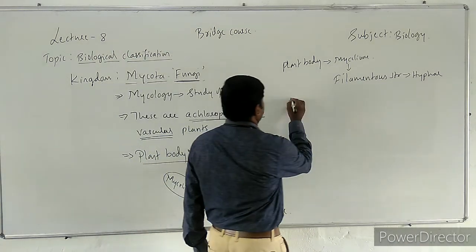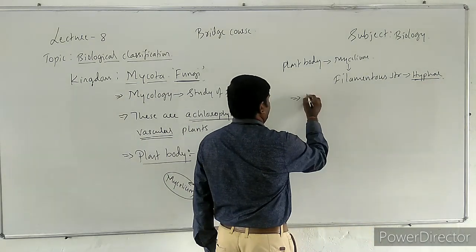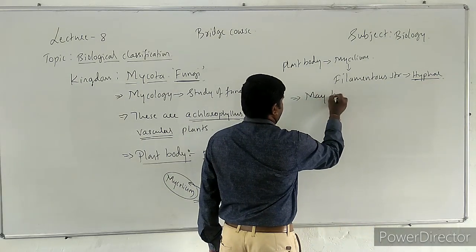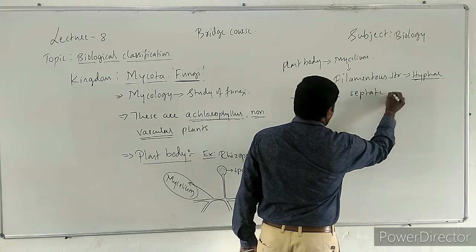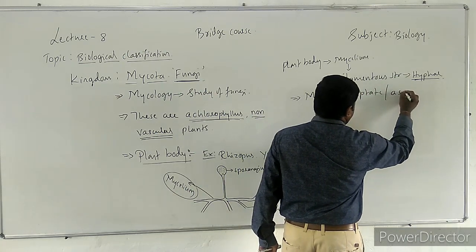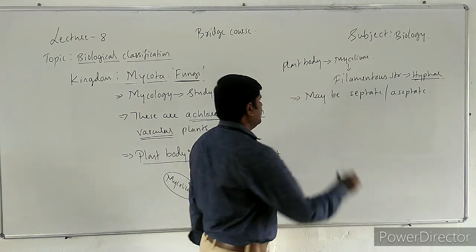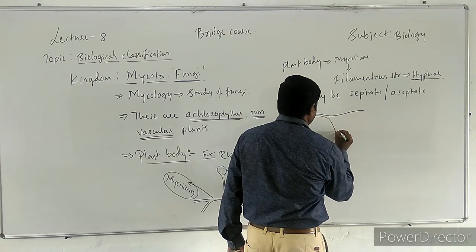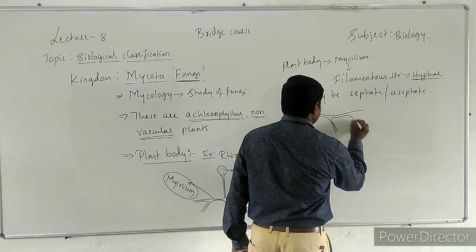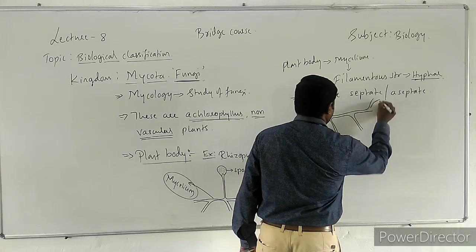And this mycelium or hyphae may be septate or aseptate. So say for example, this is one mycelium, a filamentous structure.